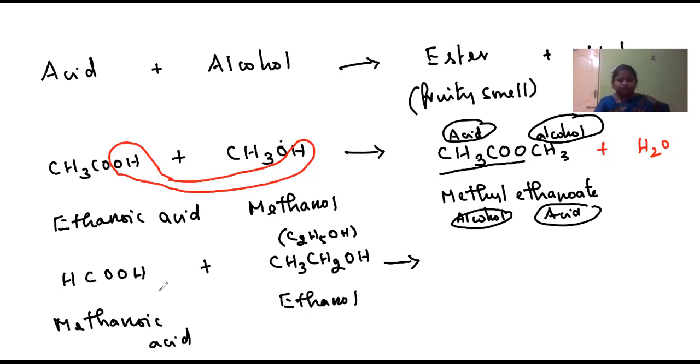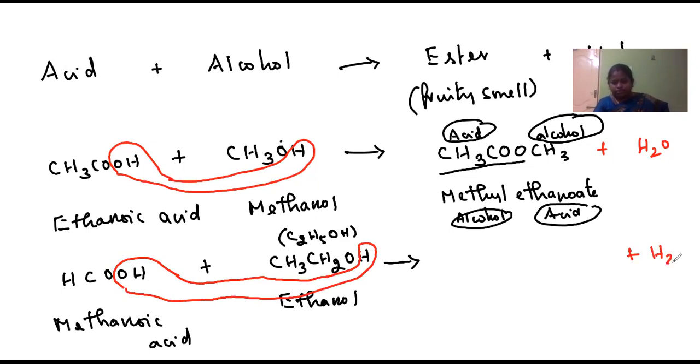But while writing the formula, you have to bring the acid first. And before that, keep in mind that the OH from the acid group and the hydrogen from the alcohol group go as water. So what is there? HCO, right? Then this O, then CH2, CH3.